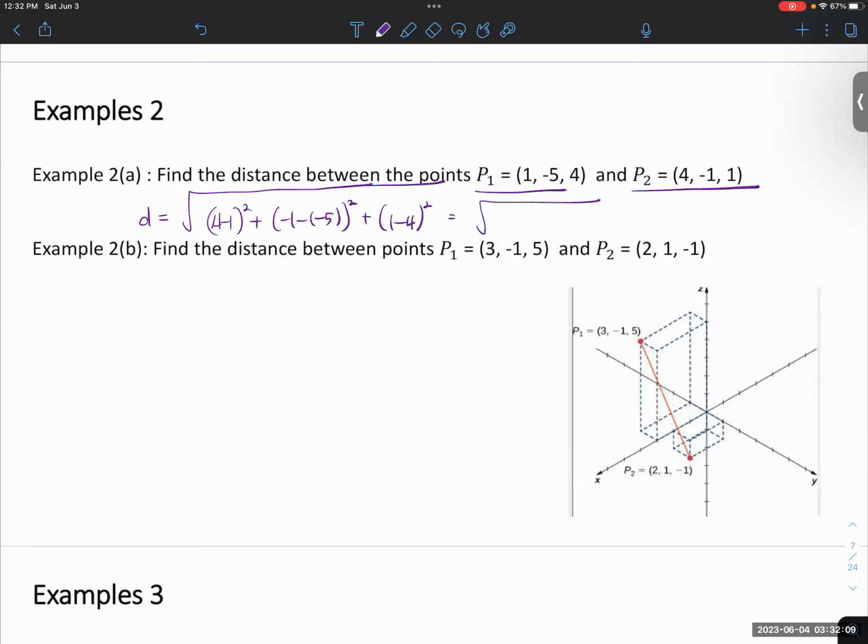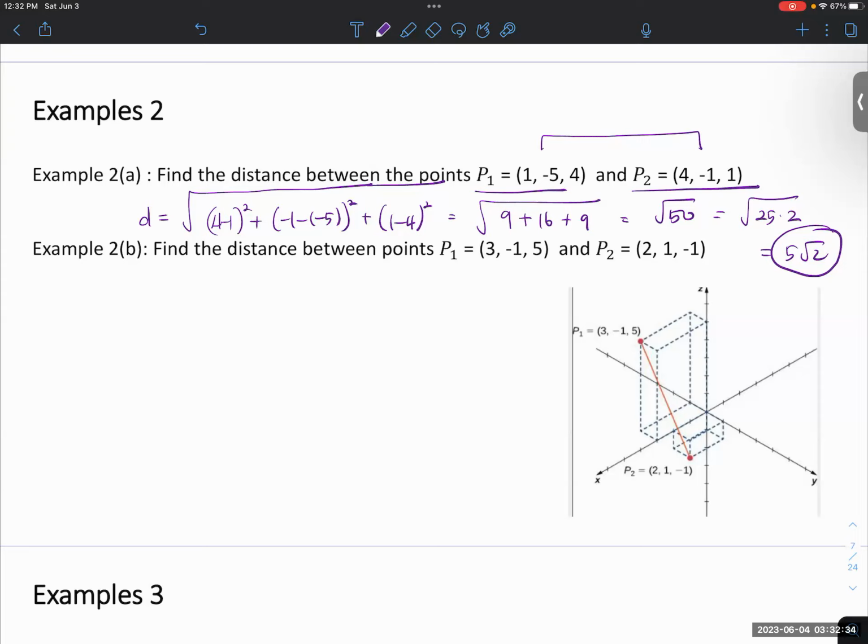If you calculate it: 9, because 3 squared, plus 4, plus 16, plus 9 is 50. You can simplify: this is 25 times 2, which is 5 radical 2. So this is the distance between 2 points in three-dimensional space.